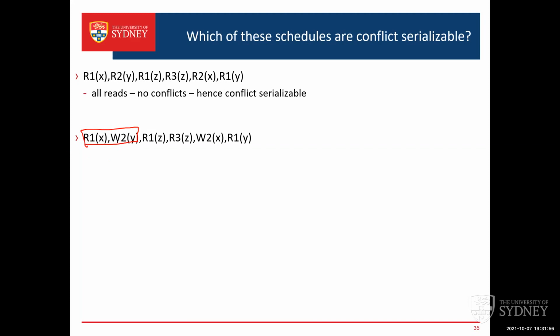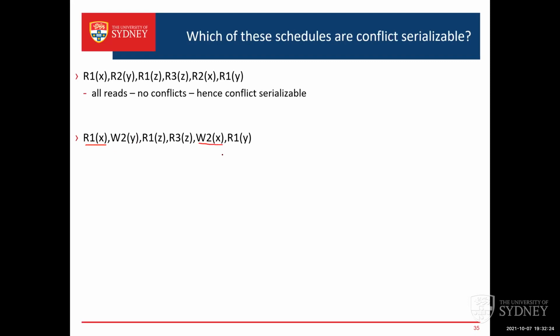Are these 2 conflicting? No. Why not? I have read and write. Why are they not conflicting? Yep, different object. Thank you. This one is working on X, this one is working on Y. So great. Good job. Okay, so think about this R1X and any conflicting pair.